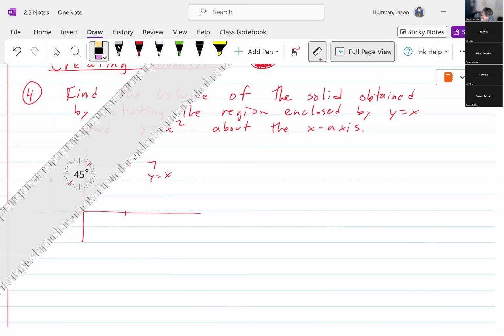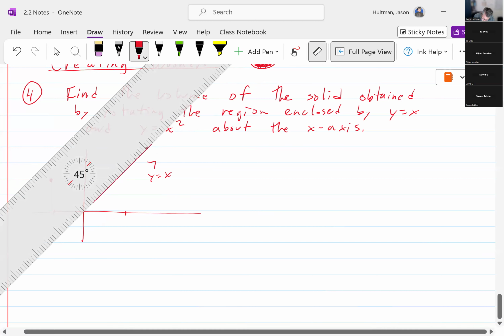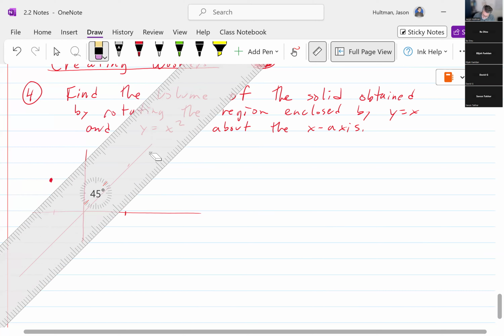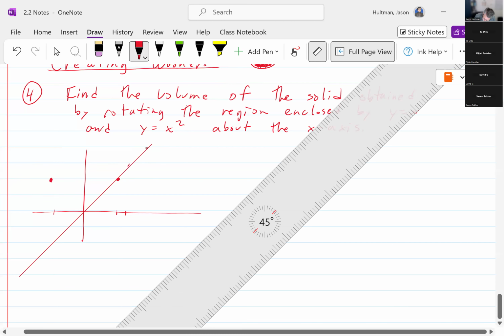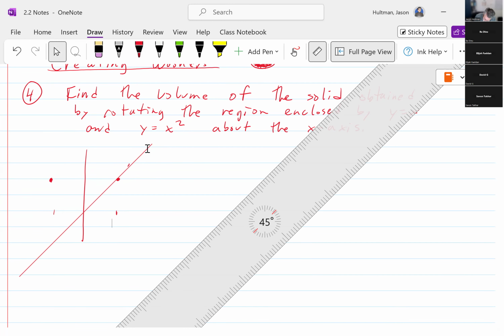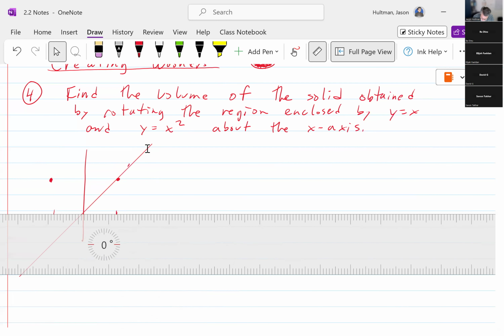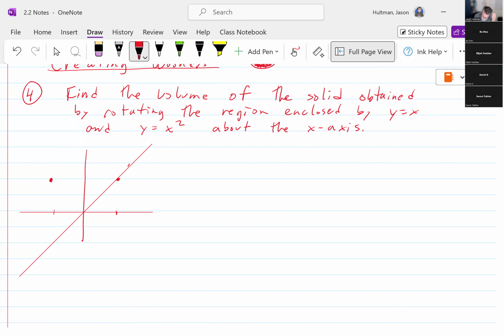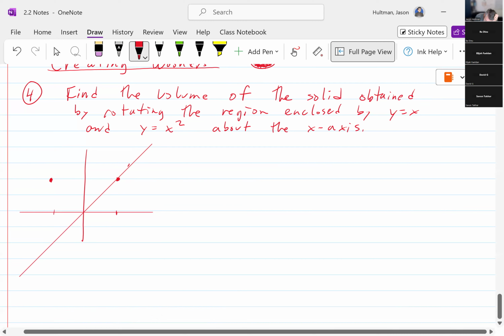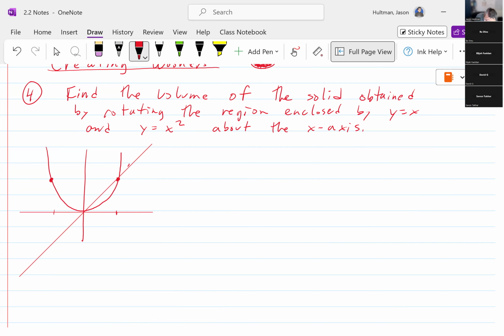Oh, there's my 45. There we go. Much better. Let's get rid of my ruler. Better. Okay, so now we're gonna draw a parabola. It goes like this.